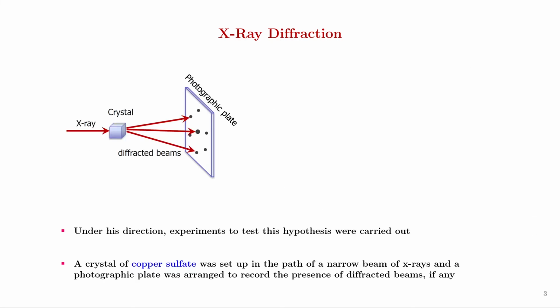Under his direction, experiments to test this hypothesis were carried out. A crystal of copper sulfate was set up in the path of a narrow beam of X-rays, and a photographic plate was arranged to record the presence of diffracted beams, if any.